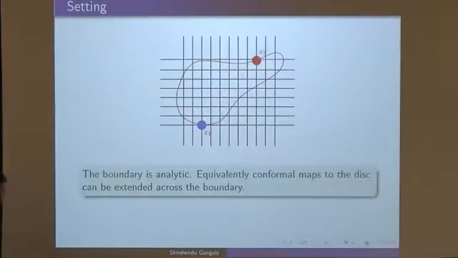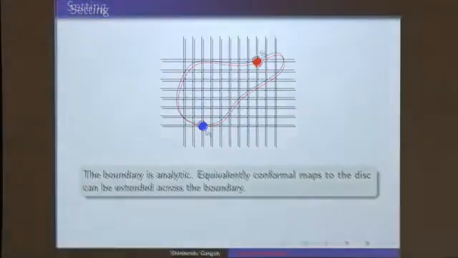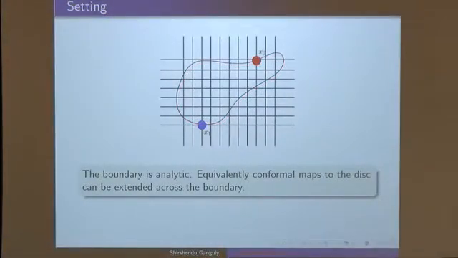And the class of domains that we will work with will have analytic boundaries, which means they have local power series expansions. Equivalently, the Riemann mapping theorem guarantees that these domains, being simply connected, have maps going to the disk, and in fact the boundary will be so smooth that the maps will have analytic extensions across the boundary.